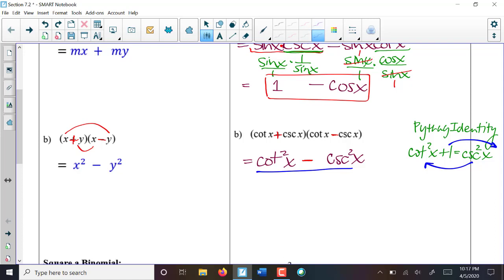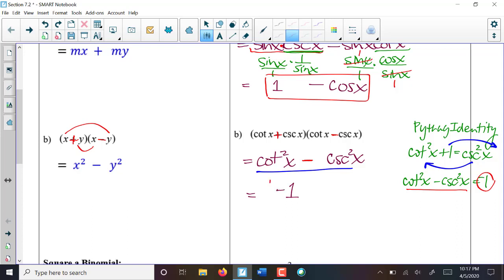So I can rewrite this in the equivalent form as cotangent squared x minus cosecant squared x equals -1. Okay, so that means I can replace cotangent squared x minus cosecant squared x with -1. So if I do that replacement, this is much more simplified than that.